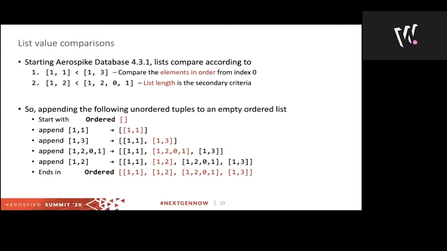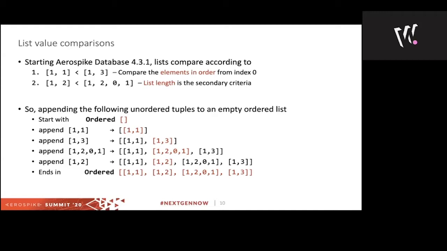You look at index 0 of two list elements and compare them, then index 1, etc. That is the highest priority for ordering. The next thing is the list length. So the tuple 1, 1 is going to be to the left of 1, 3, and the tuple 1, 2 is going to be to the left of 1, 2, 0, 1.